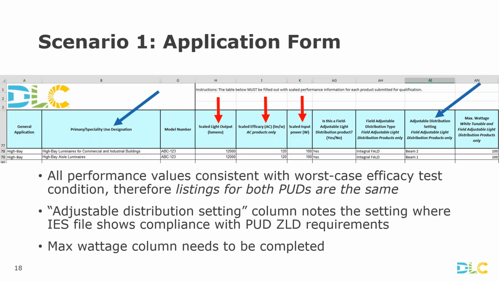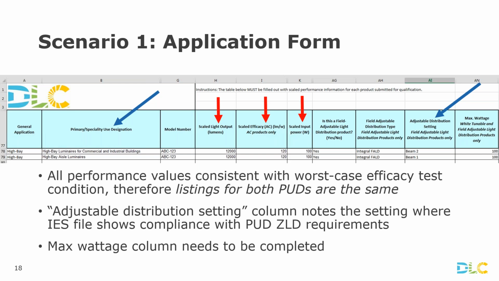Therefore, for this product, even though it's applying for two different primary uses, and in principle it's expected that those primary uses would operate at different beam settings, the listed performance information for this product would be the same. They would be consistent with that worst case setting. So in this situation, beam 2 wouldn't be represented in the scaled light output, efficacy, or input wattage values directly.